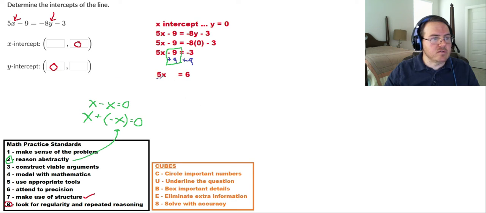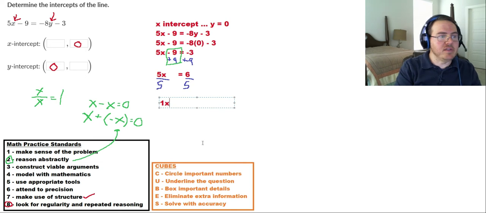Okay, so now the next thing we are going to do is we are going to divide both sides by 5. And this is another abstract rule. So another abstract rule is that anything divided by itself is equal to 1. So basically, 5 divided by 5 is going to be equal to 1. Therefore, what we end up with is 1x on this side. But you know what?